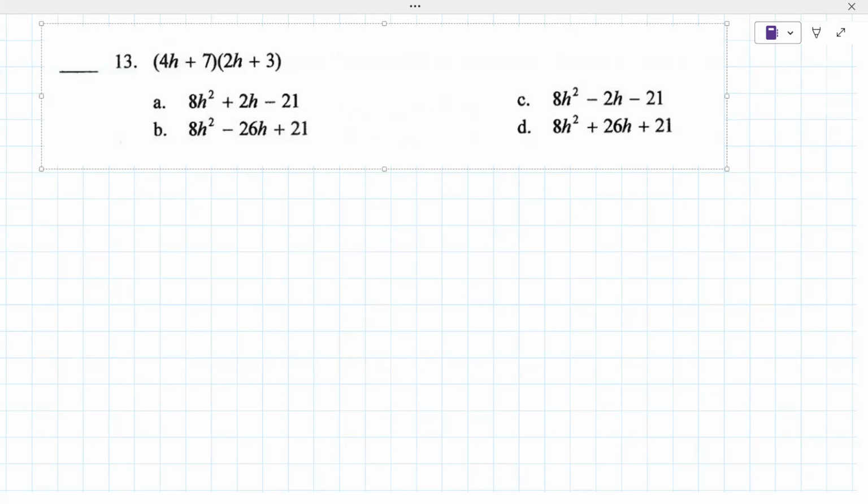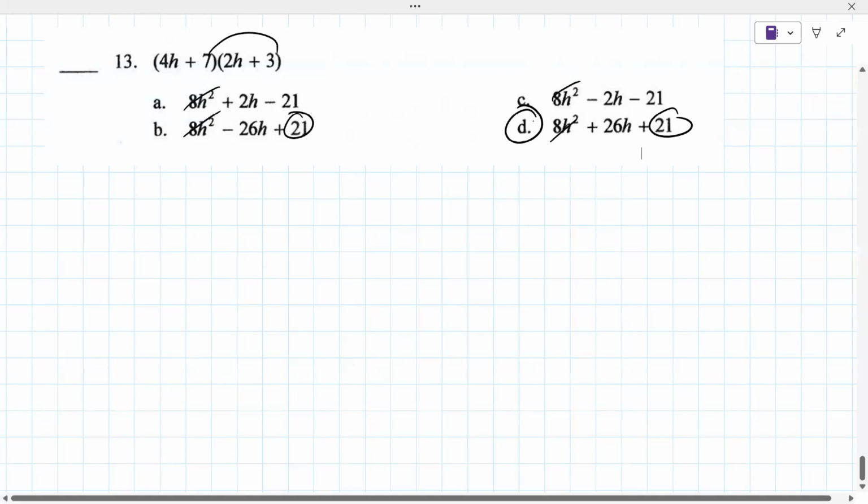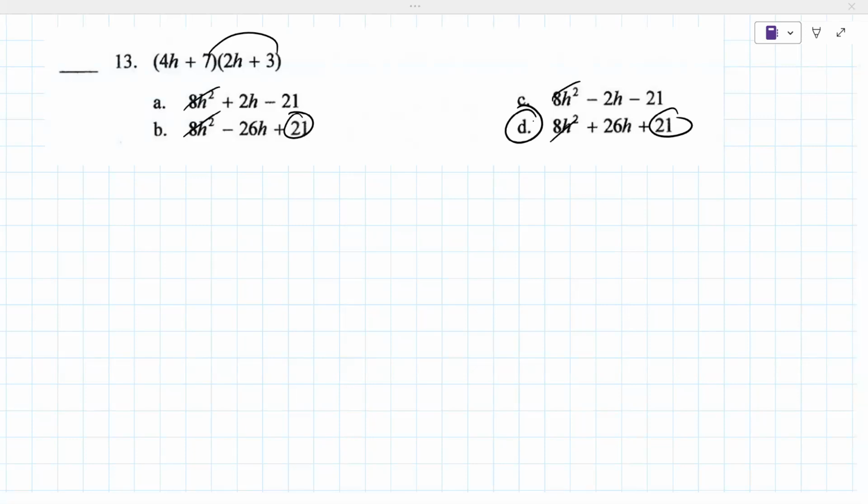Oh, okay. I just realized it's D. What did you realize? I could have just looked at the two positives from the beginning. Maybe. Yes, but they all have an 8h squared, so that's not useful. The last two gives you 21. Yeah, that is a strategy. I'm not going to say it's the best, but I would not use that on a midterm or final where my grade was at risk. Be very, very careful.